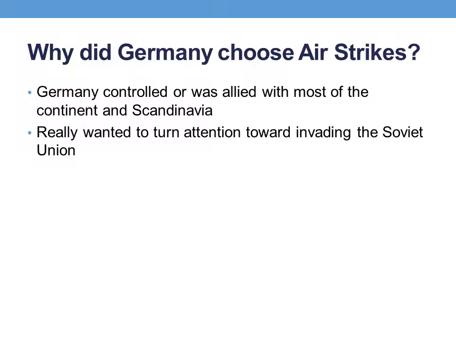Actually, Hitler really wanted to turn his attention toward invading the Soviet Union. And so these airstrikes were seen as a fast, dirty way to just bomb the heck out of Britain and move on. With the control of Scandinavia and essentially all of the Atlantic coast of Europe, that meant that every area of Britain was vulnerable to air attack.